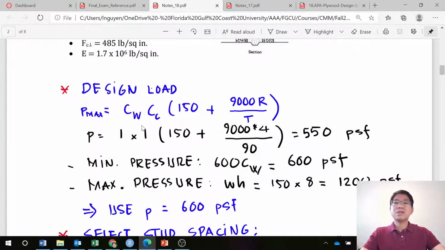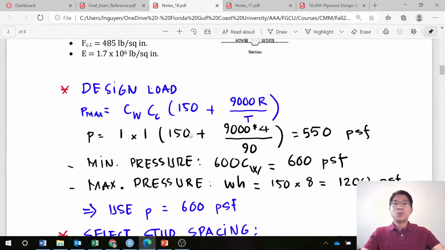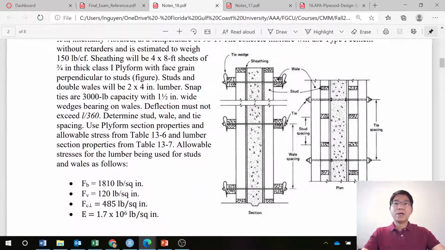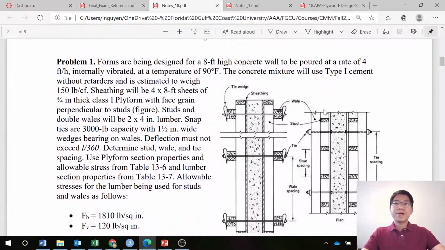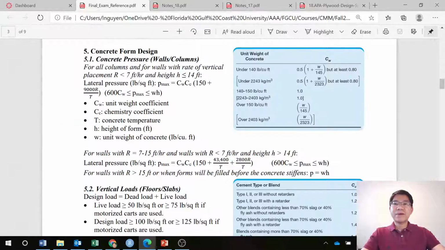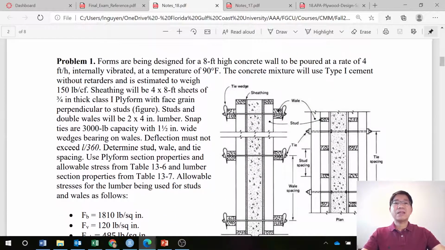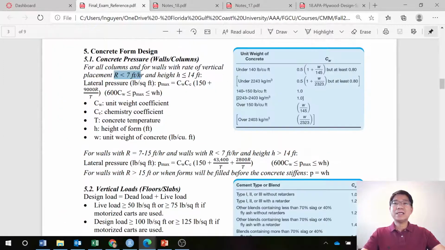So the first difference: the design load in this case is the concrete pressure, and with the rate of 4 feet per hour, we can go to the exam reference. For walls in this case, the rate of vertical placement is less than 7 feet per hour and the height is less than 14 feet. In our problem, the height is 8 feet and the rate is 4, so it's exactly in that equation.